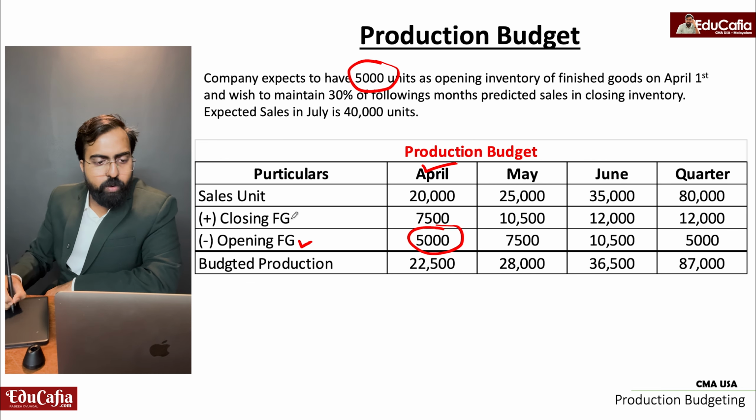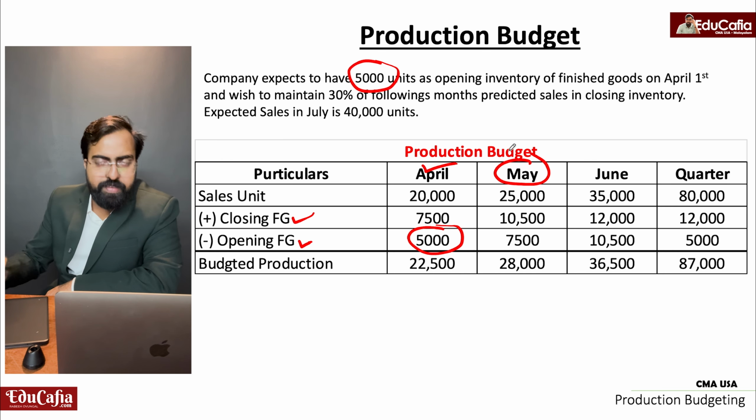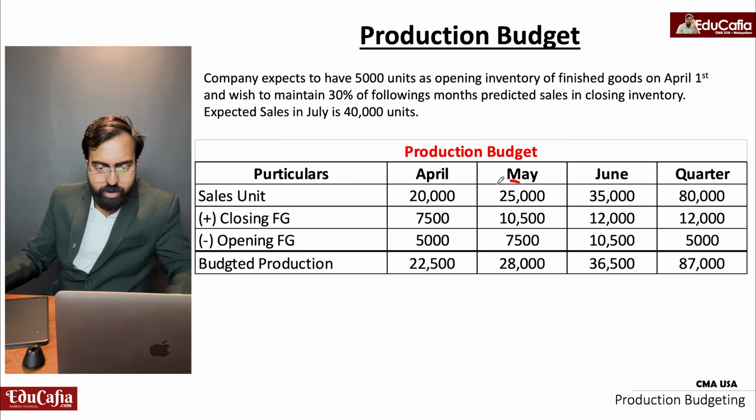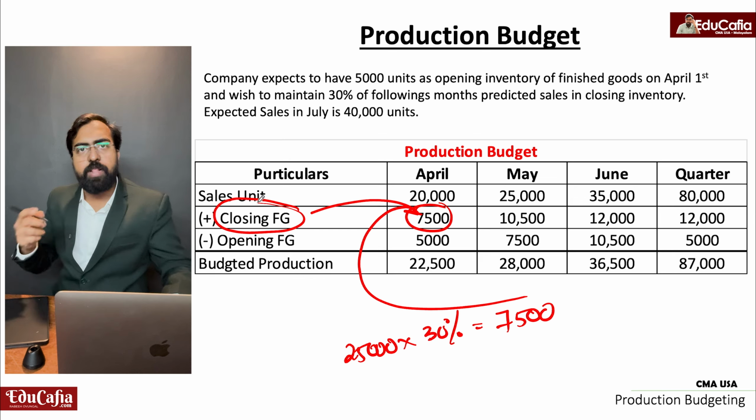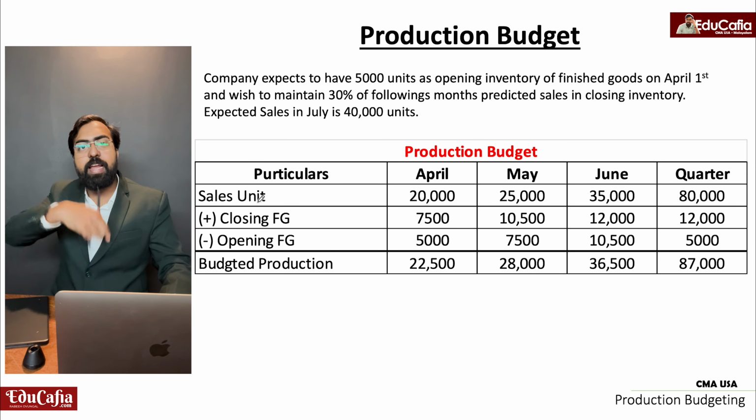And is there any closing FG required? Yes, next month May's 30%. What is 30%? 25,000 is required in May, so 25,000 into 30% is equal to 7,500. This 7,500 we have to keep as closing FG, so that also we have to produce in April.